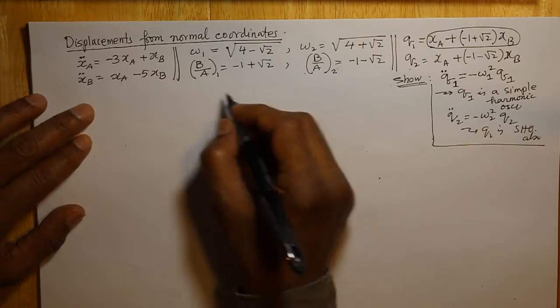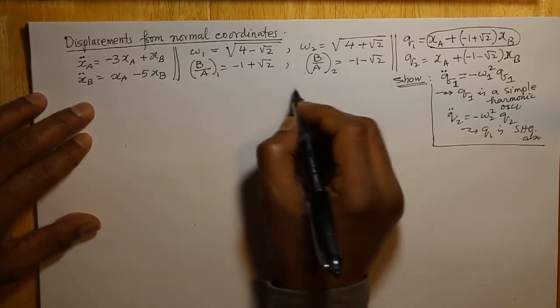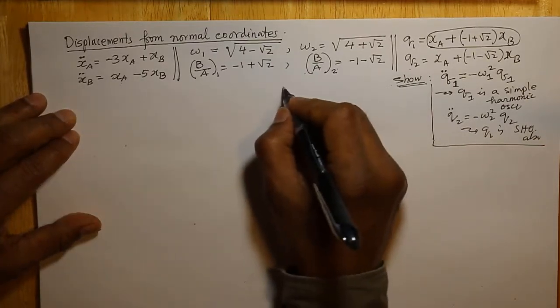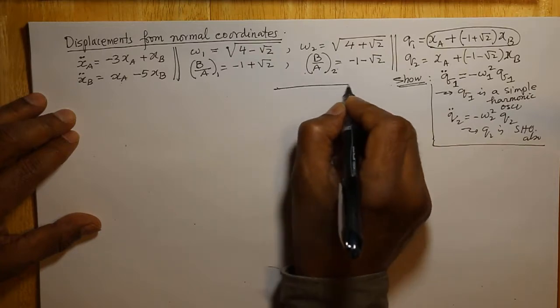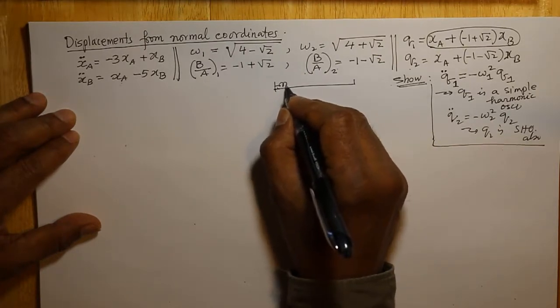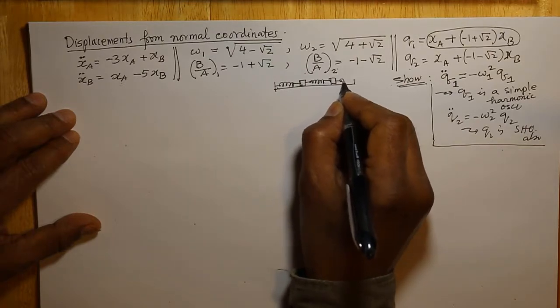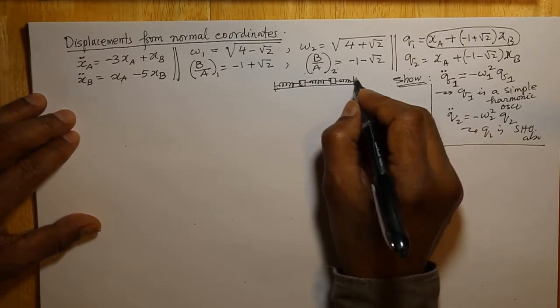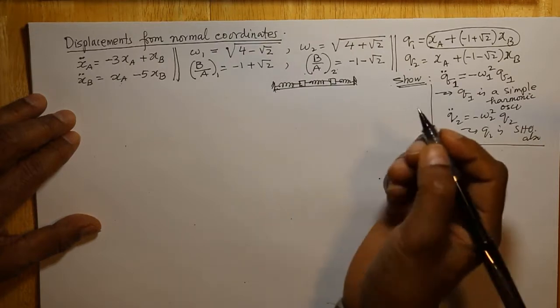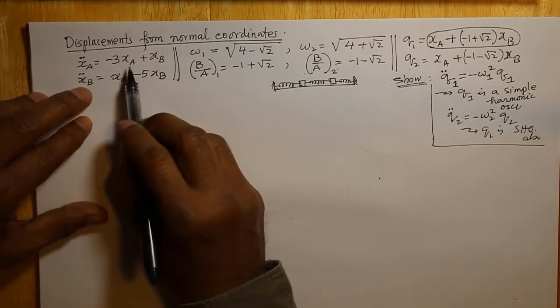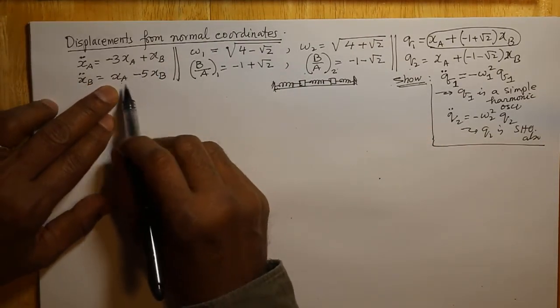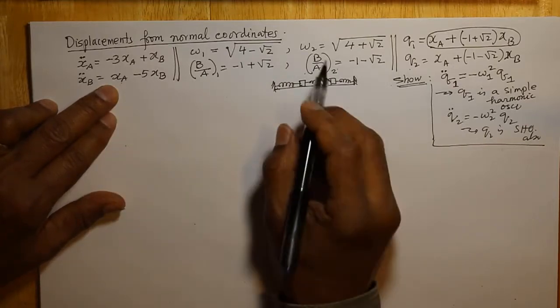Okay, the system we're talking about, just to remind you, an example system would have been this. From there these numbers were obtained, and then I'm processing like that.